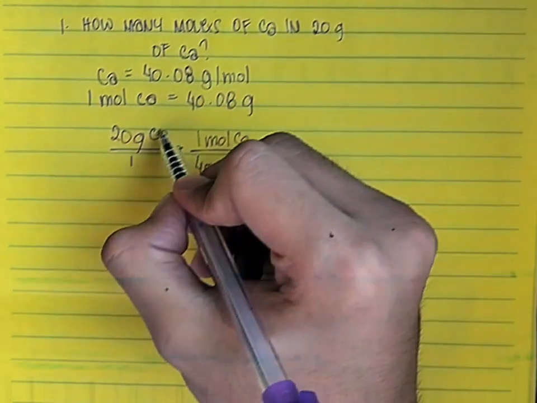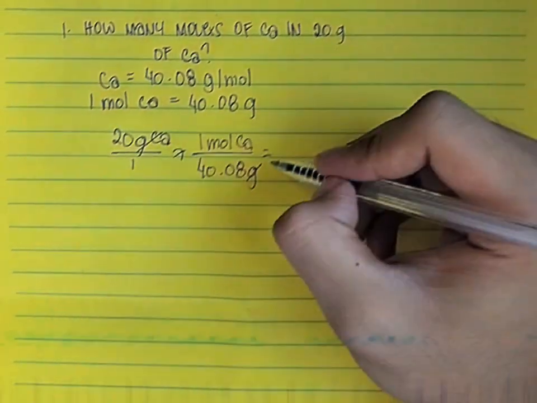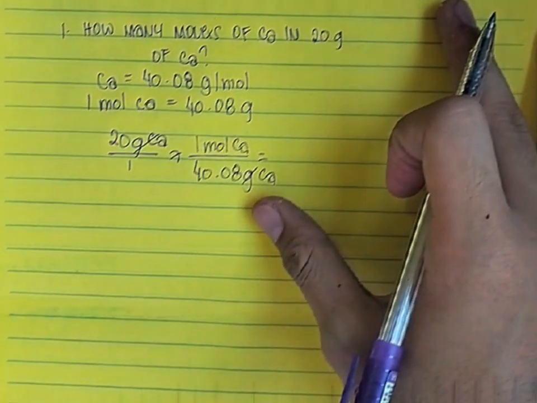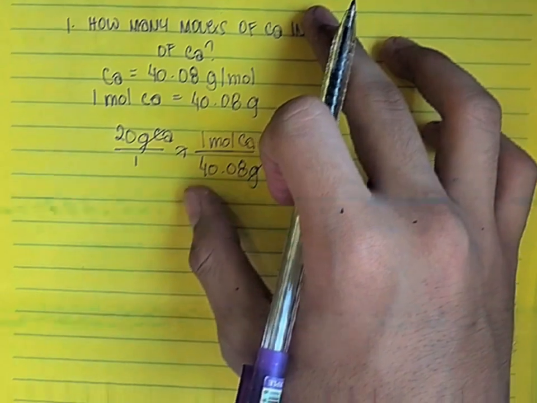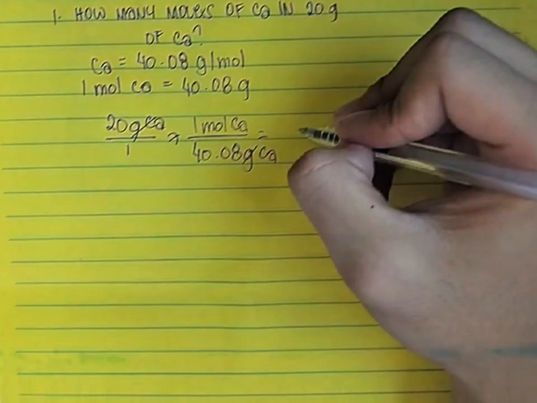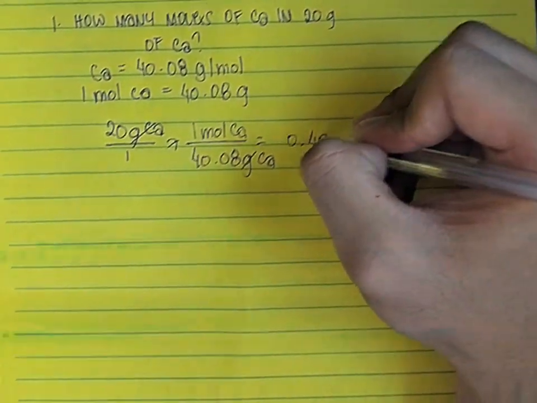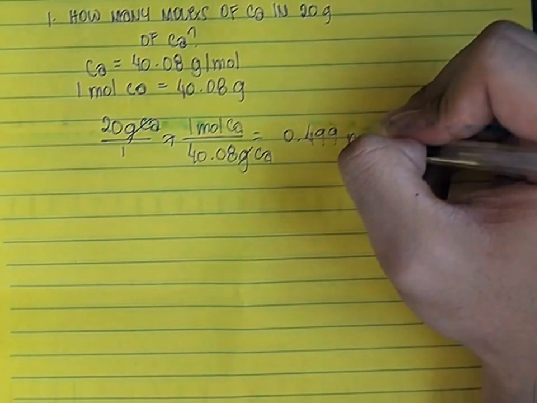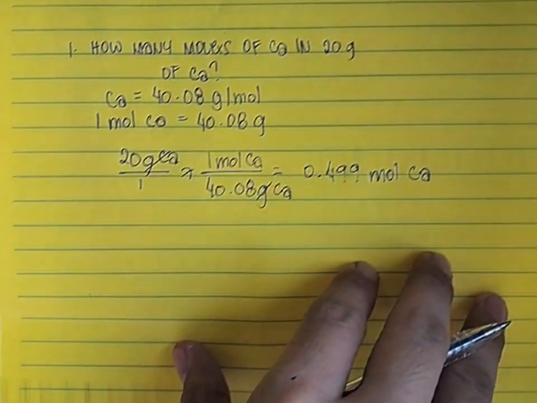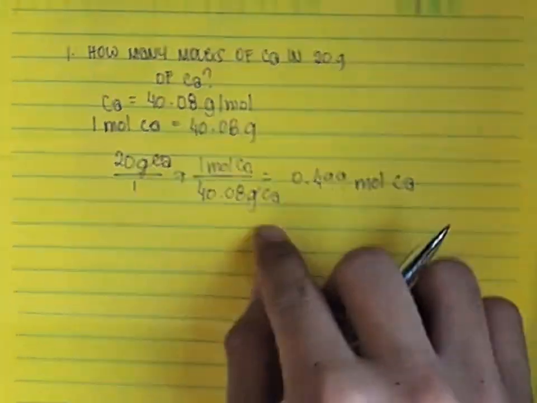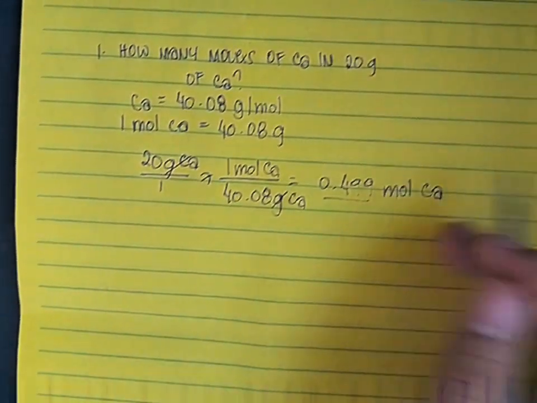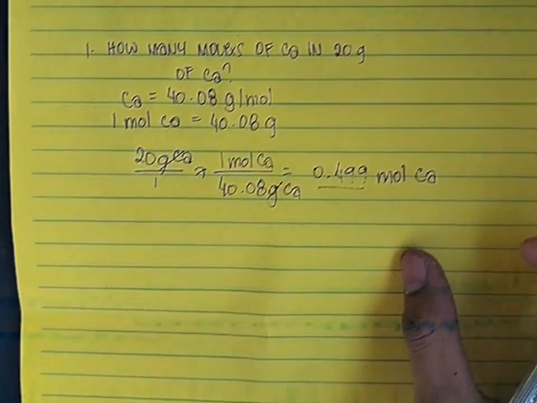Now the unit will be cancelled. Now let's compute. 20 divided by 40.08 is 0.499 mole of calcium. So 20 grams of calcium is equivalent to 0.499 moles of calcium. So that's how you convert grams to moles.